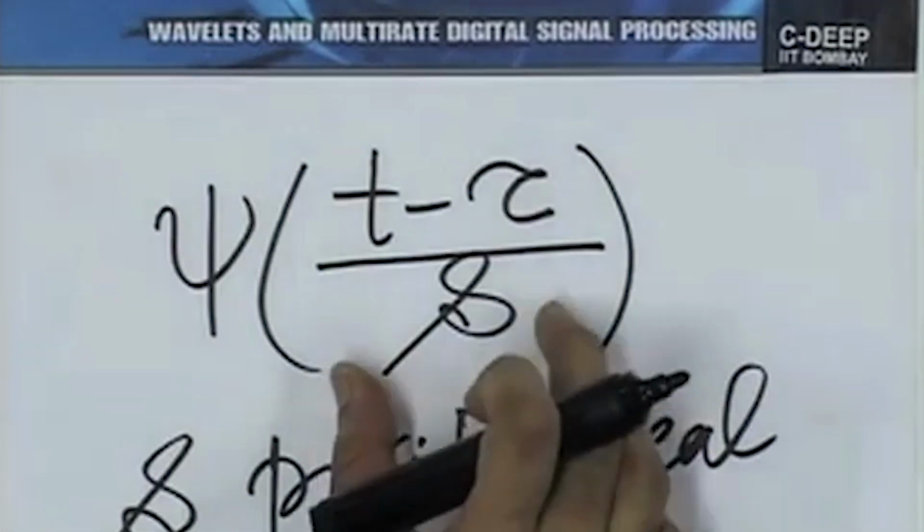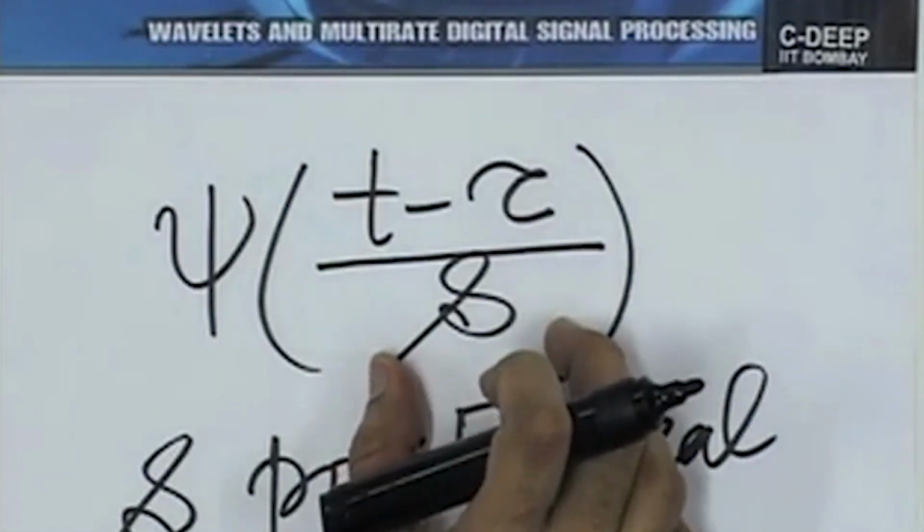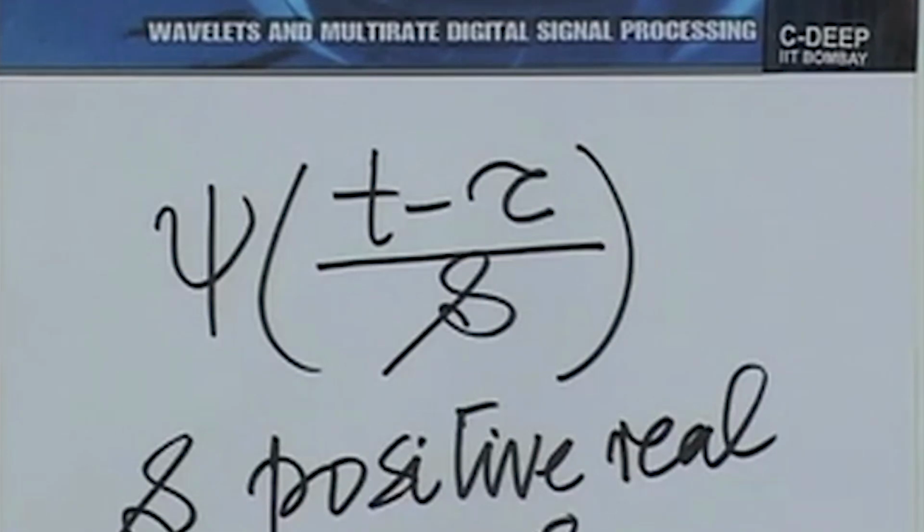This is the general function that we are using as a building block, different values of tau and different values of s. Of course, here at a particular resolution, at a particular level of detail, the value of s is only 1. For example, when we are representing the function on intervals of size T, we take s equal to T. If we were to represent the function on intervals of size T by 2, then s would become T by 2 and so on.